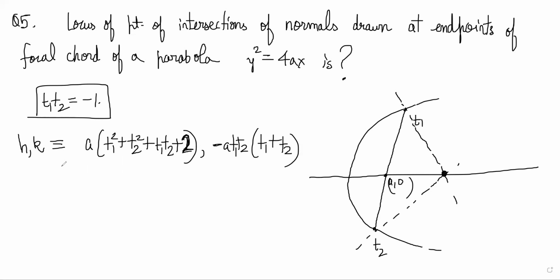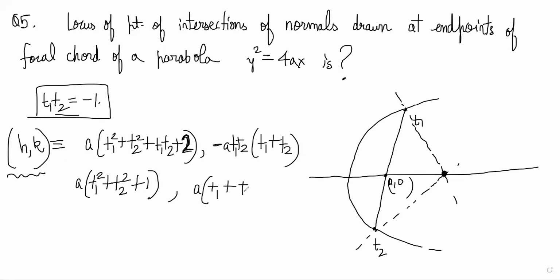So h comma k is the locus that we need. Now I'll use t1 t2 is -1 here. So you will get a(t1 square plus t2 square minus 1 plus 2), so plus 1. And here t1 t2 is -1, so this is plus a(t1 plus t2). So h is equal to this and k is equal to this. Now it is very easy to find the locus.